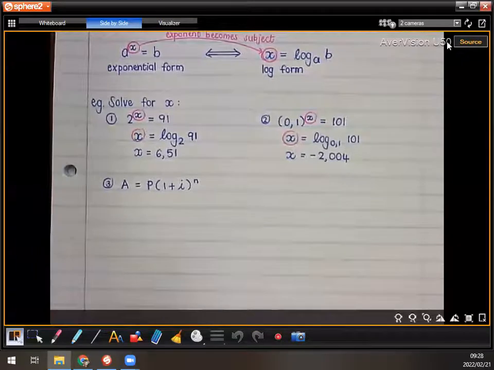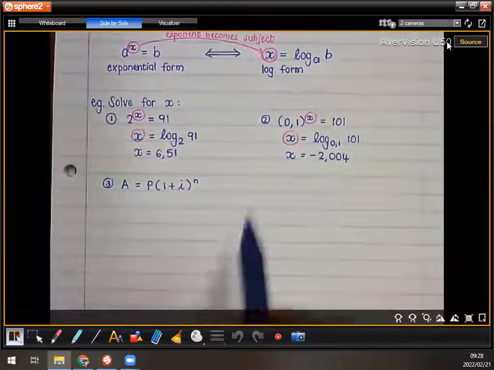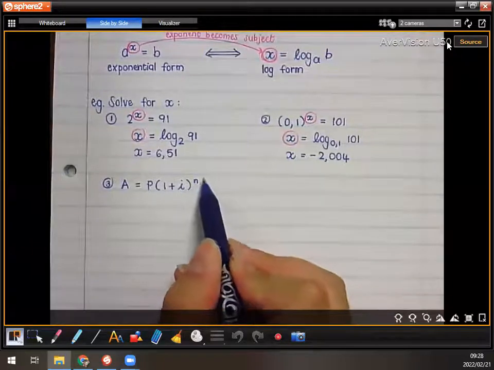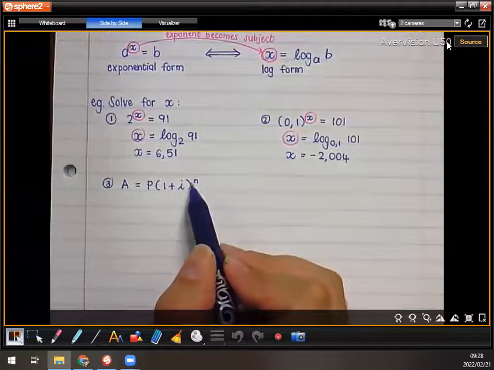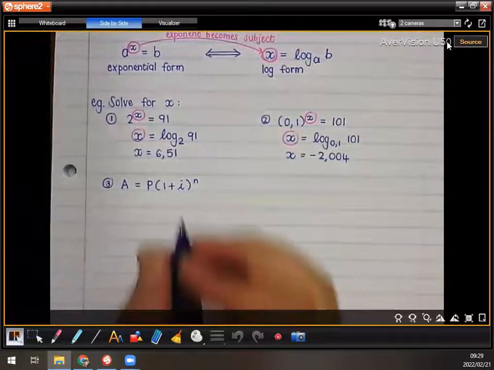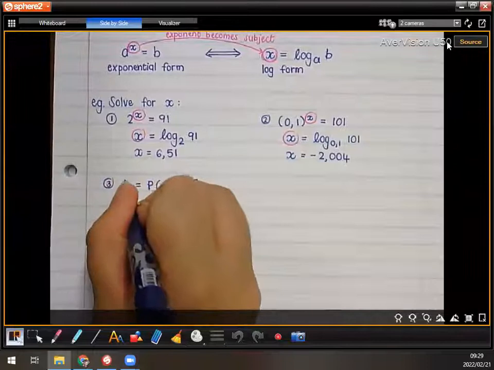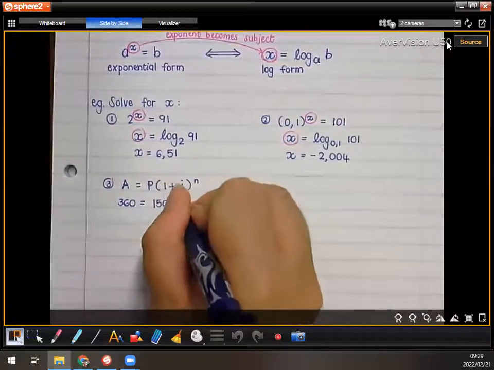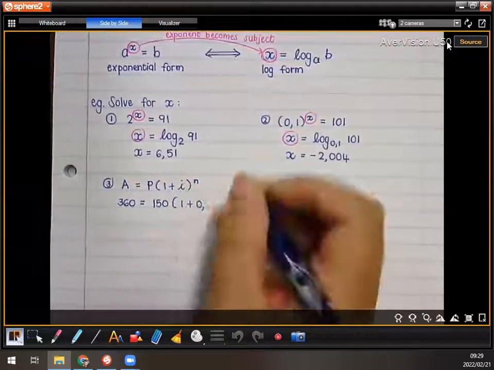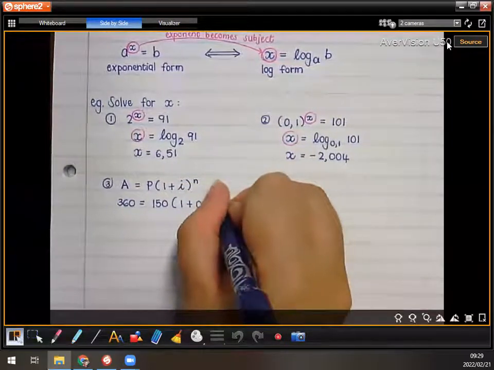Now in grade 9 and even grade 10 and grade 11, we told you that we will not get questions where you have to solve for n using this formula. All right, and the reason for that is because you actually have to use logs. So now we can give you a question like this: 360 is equal to 150 times 1 plus 0,07 to the power of n.